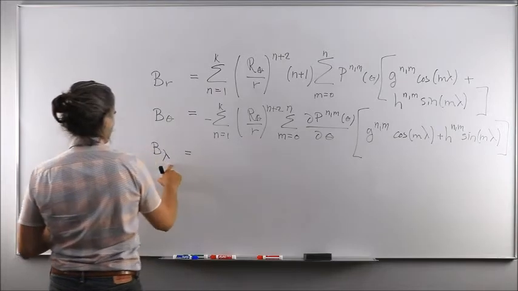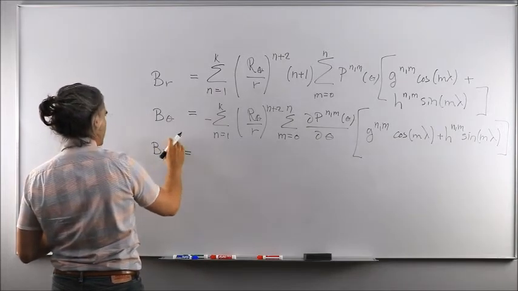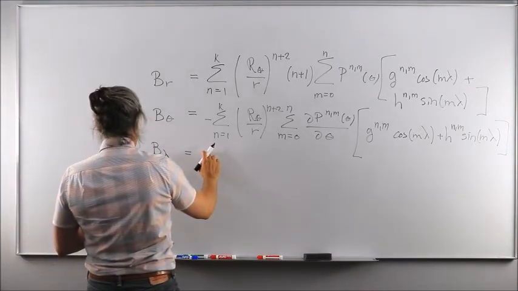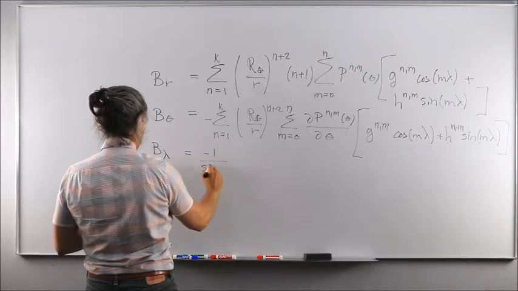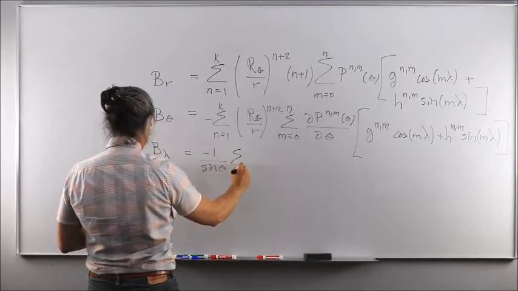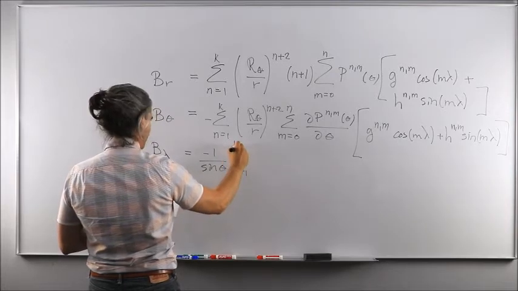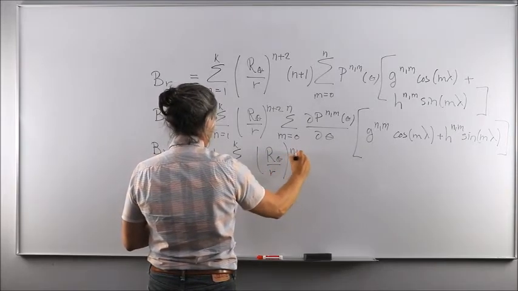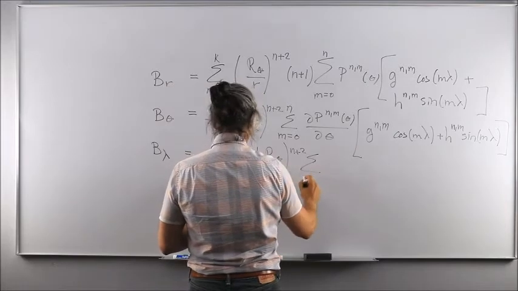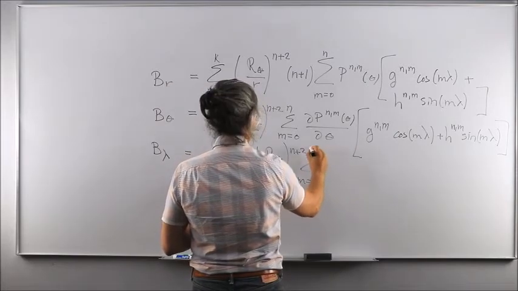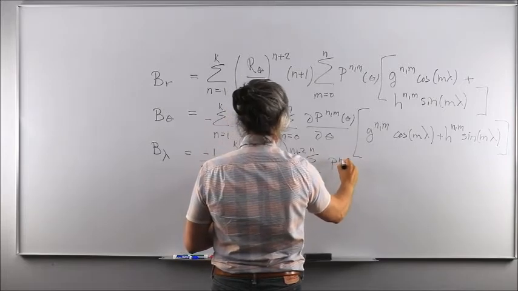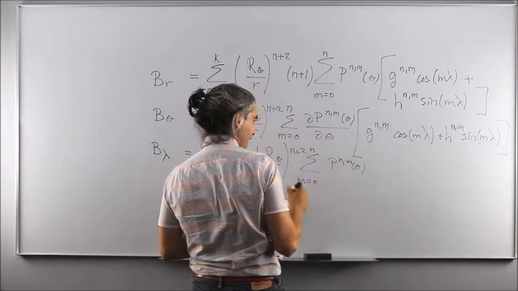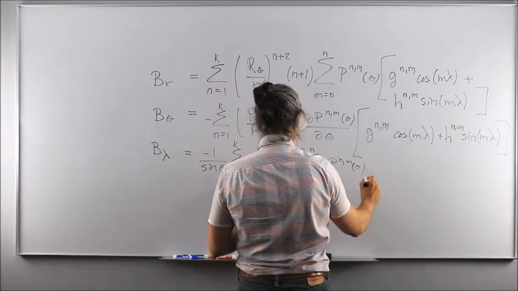And lastly, the z component of the magnetic field seen in that spherical reference frame is going to be minus 1 over sine theta, summation n equal 1 to k of R Earth over r to the power n plus 2, and times the summation m ranging from 0 to n of the Schmidt normalized Legendre polynomial, a function of the co-latitude angle theta, times m.